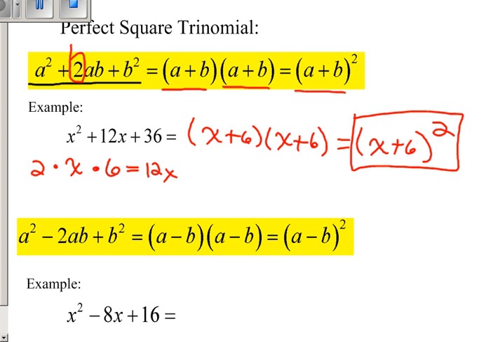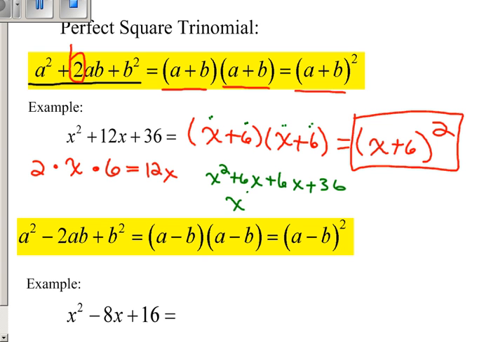There's my answer. If I was to FOIL this out and check this out, we'll do this in green. First, x times x is x squared. Outer, x times 6 is positive 6x. Inner, 6 times x is positive 6x. 6 times 6, last, is positive 36.